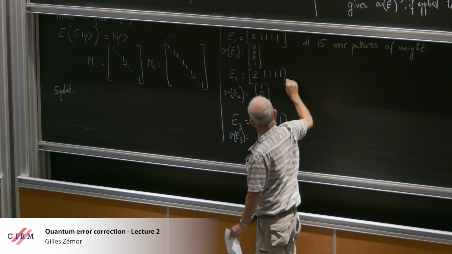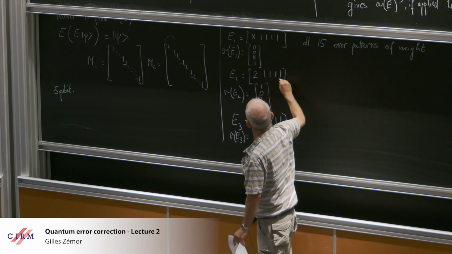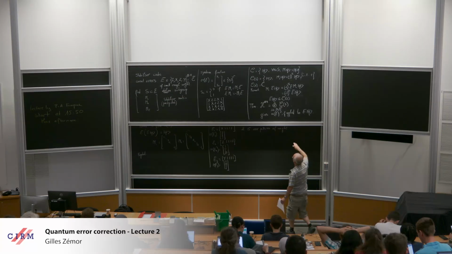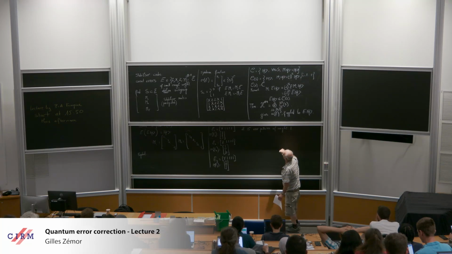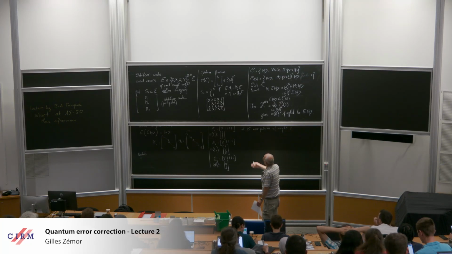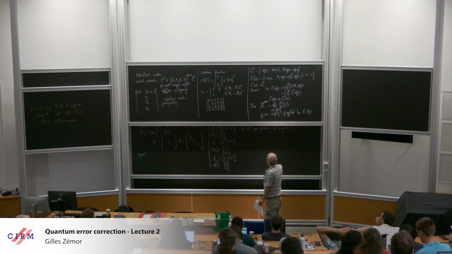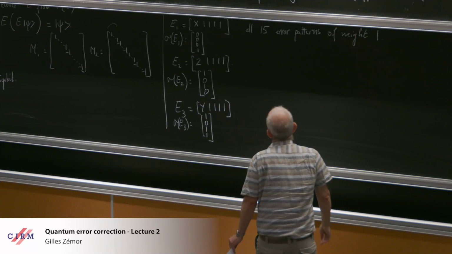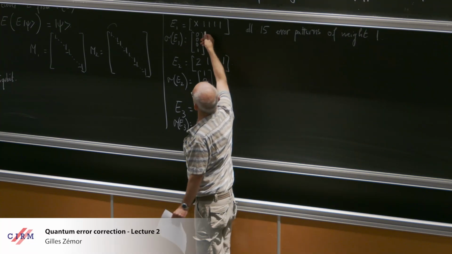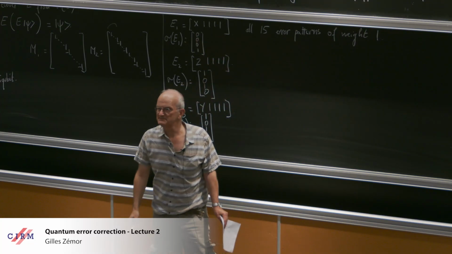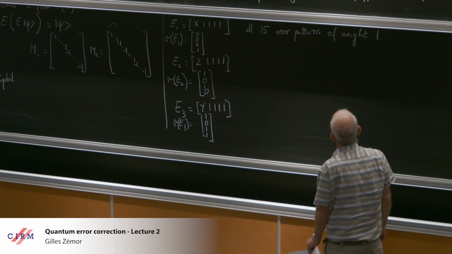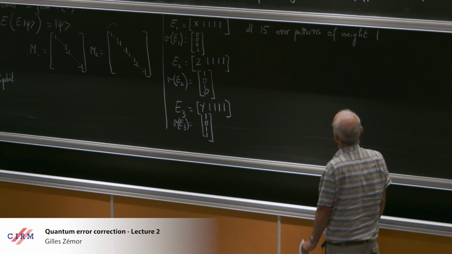So these three patterns are of weight 1. There are 4 identities and something else. Okay, so 5 coordinate positions, 3 ways of putting non-identity symbols, 5 times 3, 15 error patterns.